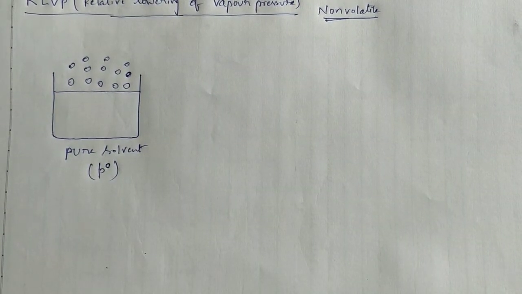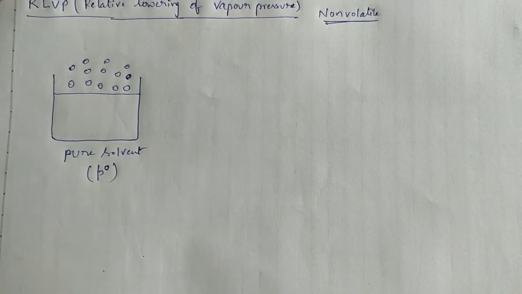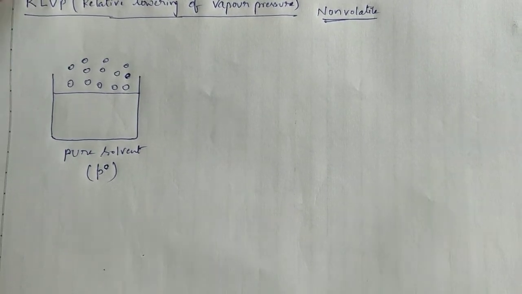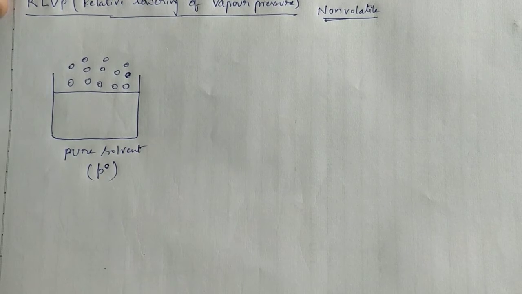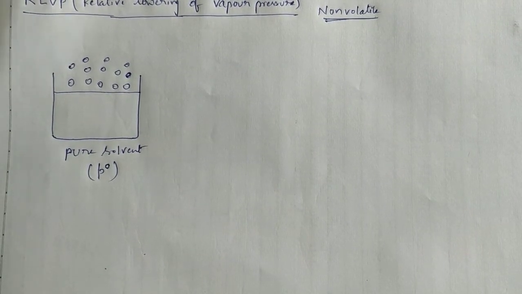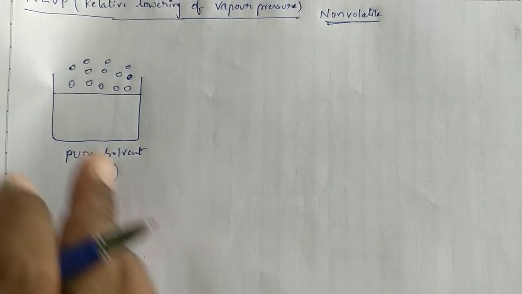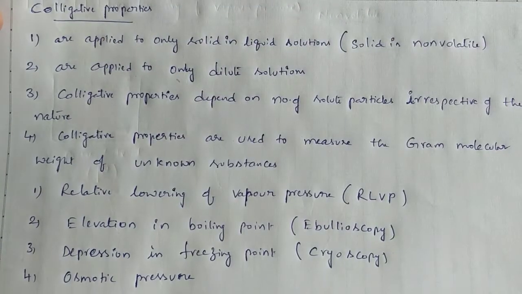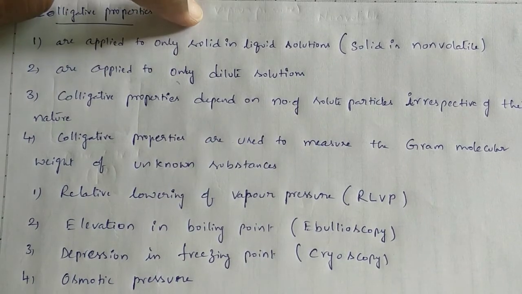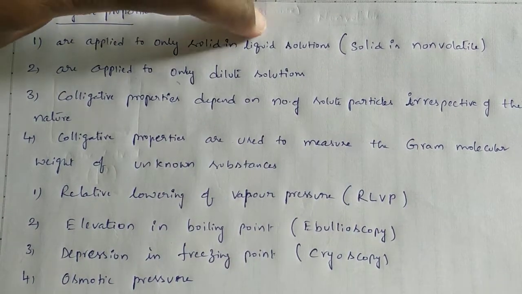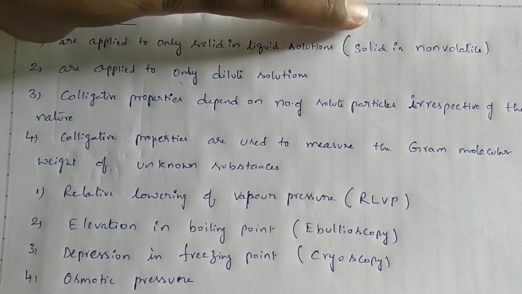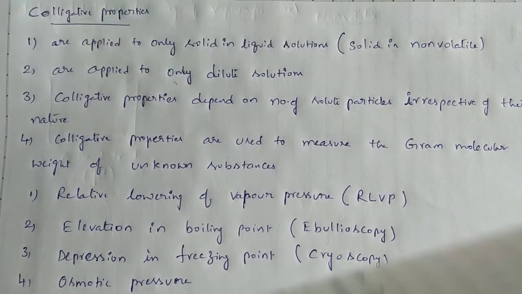When it is in solid state, there is no chance for it to be converted to gaseous state. That is called non-volatile. Already we told the condition that colligative properties apply to solutions which are solid and liquid solutions, in which the solid is non-volatile. Already we have seen that one.